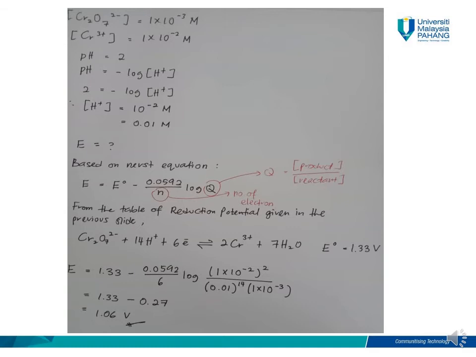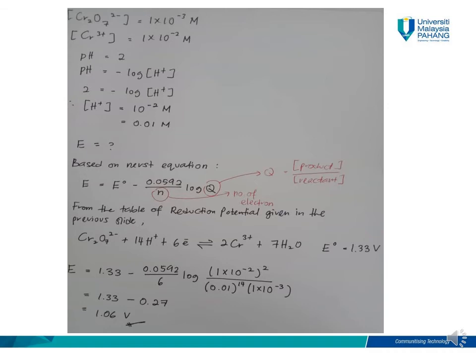And now how to calculate the E value, the potential value of the half-cell reaction: it equals 1.33 minus 0.0592 divided by 6, because you can see the number of electrons transferred is 6, times log of the concentration of product, the concentration of chromium 3 plus, divided by the concentration of proton to the power of 14, and then times 1 times 10 to the power of minus 3.